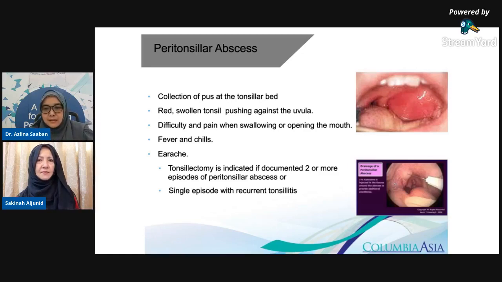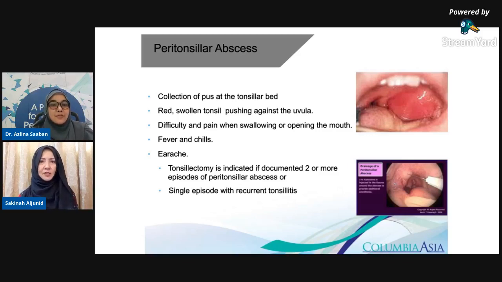In this condition, usually we don't go straight to tonsillectomy. Sometimes the patient never had a sore throat and suddenly develops that kind of infection. So what we do is treat the infection first. We put a needle, aspirate the pus or make an incision and drain the pus, give antibiotics, and later, if the patient has recurrence, then that is usually the indication for tonsillectomy.